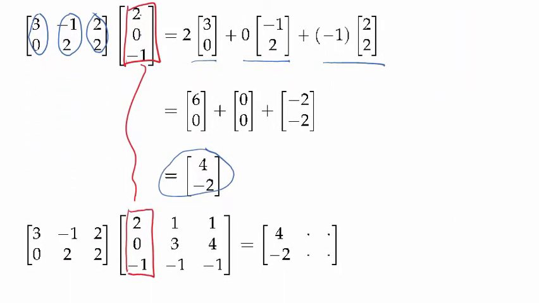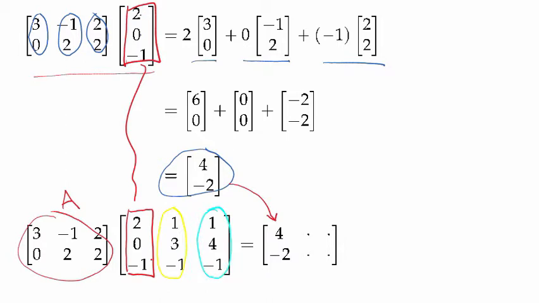So here's my A, here's the first column. Well, I just did that computation up here. That answer is the same as the answer that we got before. Then in the second column, this is some different linear combination of the columns of A, and this is some third linear combination of the columns of A, and we would get different answers.